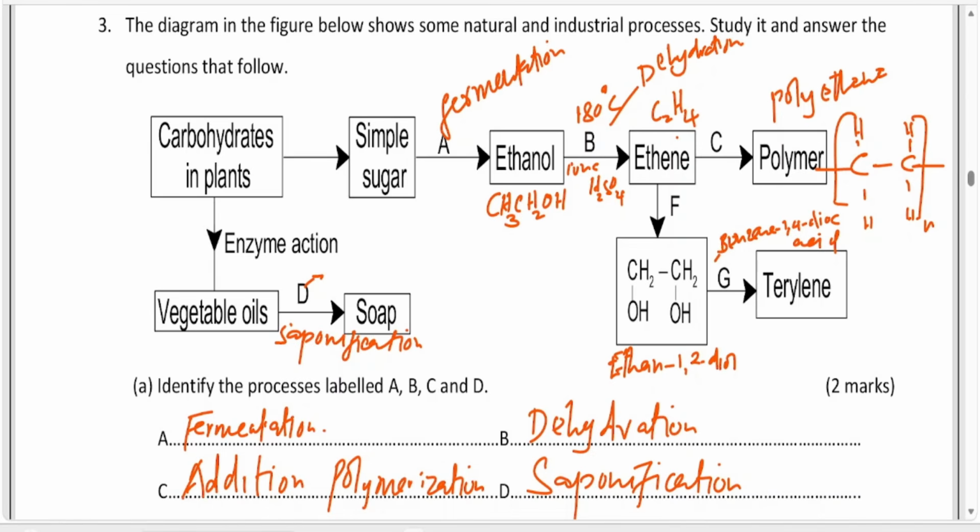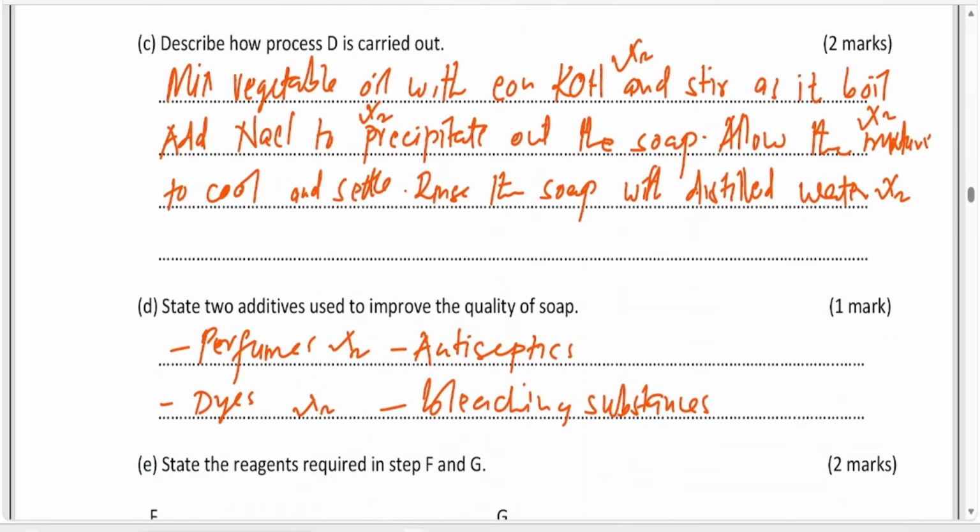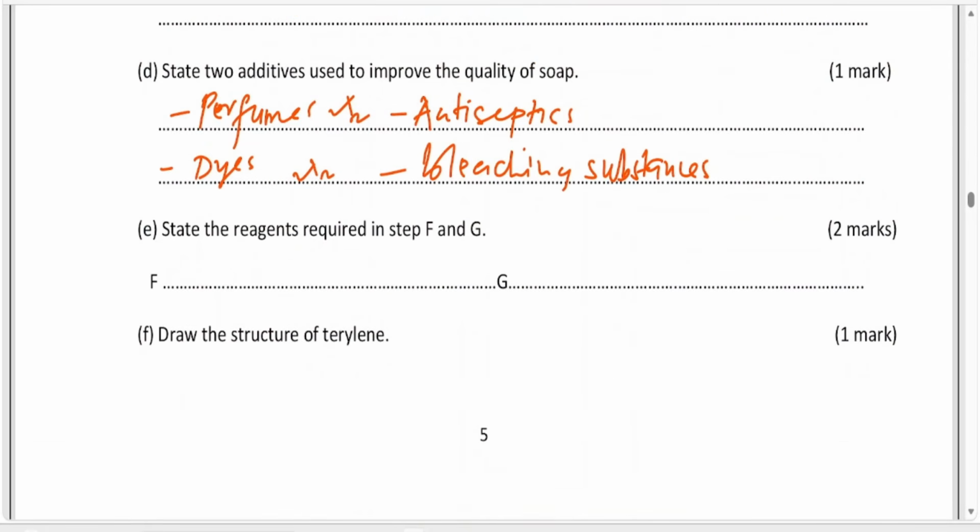You can still add acidified potassium dichromate(VI). So here, for F, the reagent that is needed is acidified potassium manganate(VII).